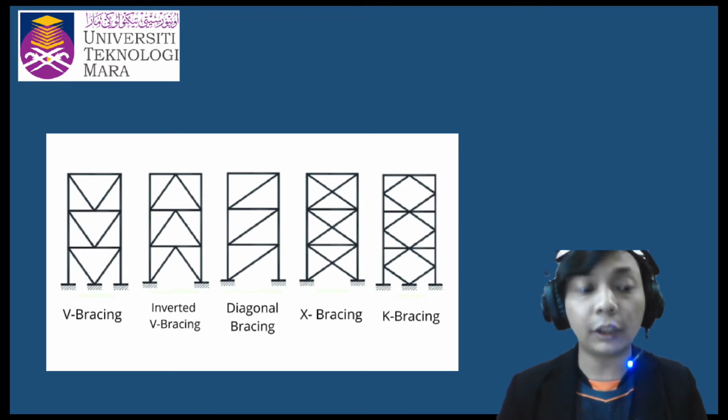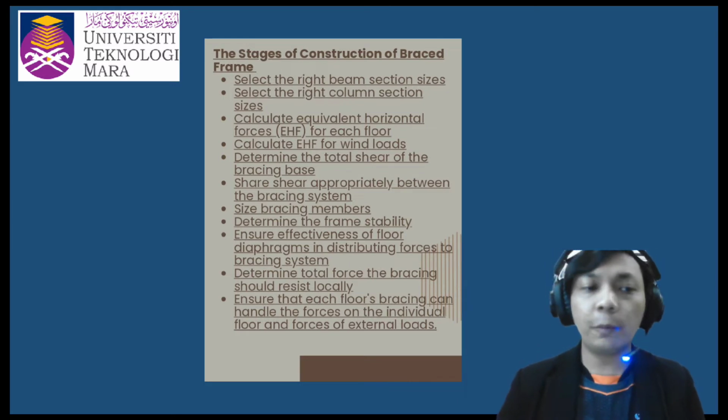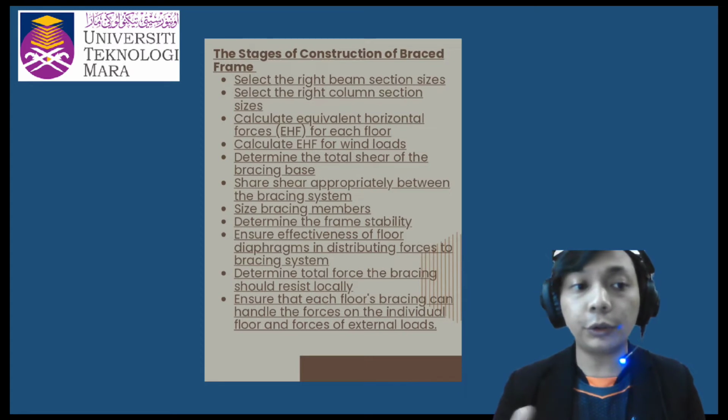We move to the next one, which is the stages of construction of a brace frame for an industrial building. Building height can affect the stability of a structure. When a bracing system is built, the building height can also affect the stability.